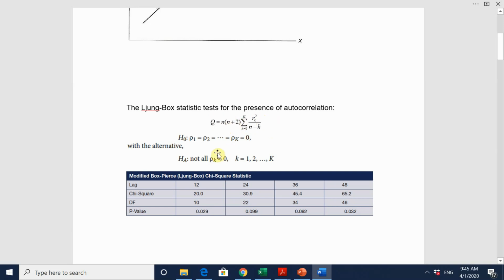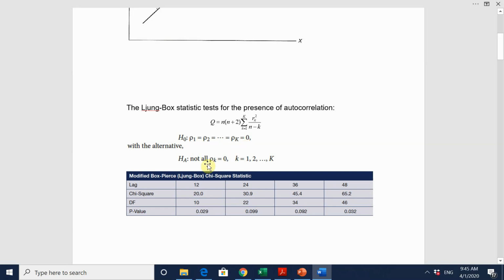The idea with this test statistic is that it is applied to test a null hypothesis. The null hypothesis here states that for all time lags from 1 to k, there is no autocorrelation in the residuals.